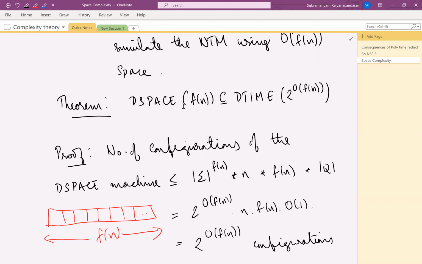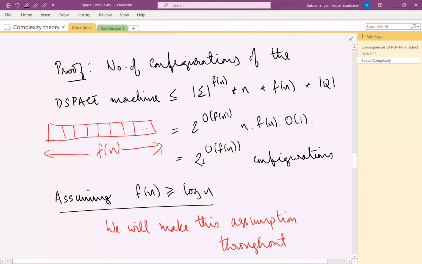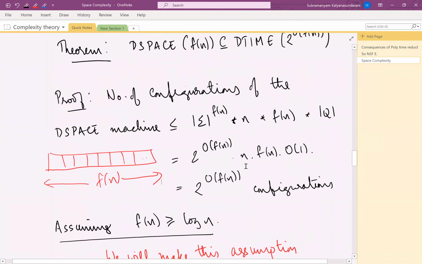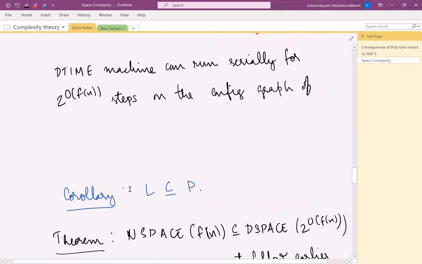It's a deterministic machine, so there is a unique successor to each state, until it reaches accept or reject. What if it loops? Since there is an upper bound on the number of configurations, it needs to run this computation only for 2 power order f(n) steps on the configuration graph of the D-space machine.